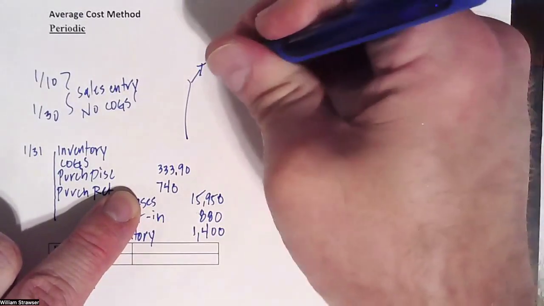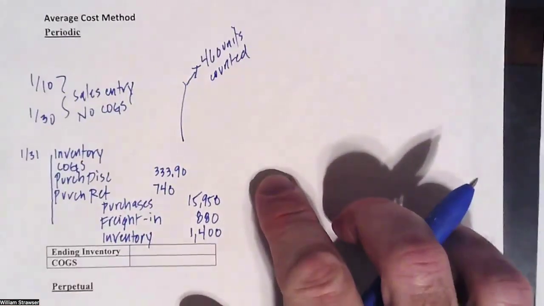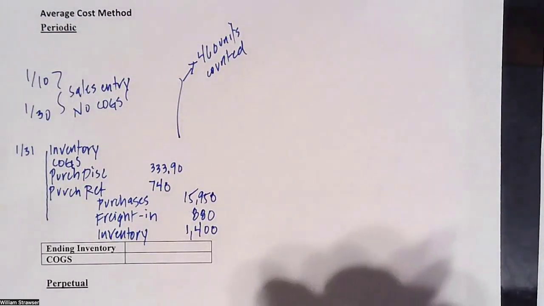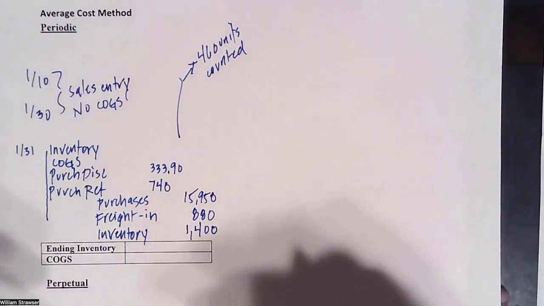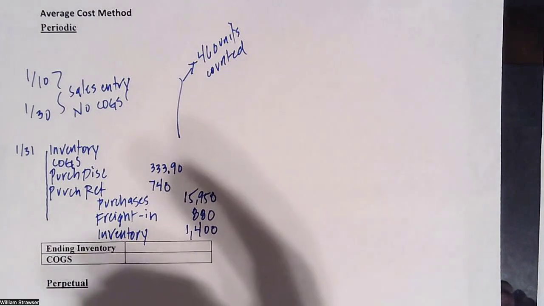And because we're working under the average cost method, we want to take the average cost of all of the units, not just the units at a point during the month, like we did for the perpetual, but just one price for all units for the entire month. Right?